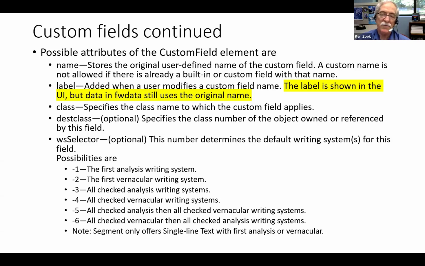Then class specifies the class name to which the custom field applies. DstCls is optional. It specifies the class number of the object owned or referenced by this field. WsSelector is optional, and it's a number that determines the default writing system, uses basically the same things I already mentioned.